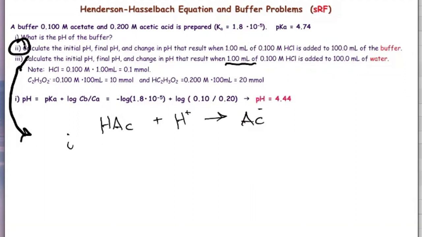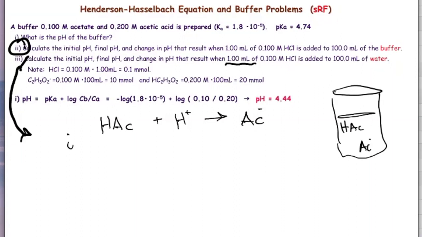Let me try and draw you a beaker so that you can visualize what's going on. We have acetic acid, we have the acetate ion. This comes from sodium acetate. This comes from just regular acetic acid. And then we're adding to this solution, according to this problem, 1 milliliter of hydrochloric acid.